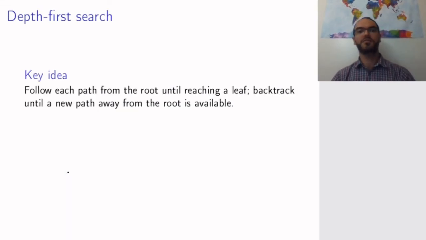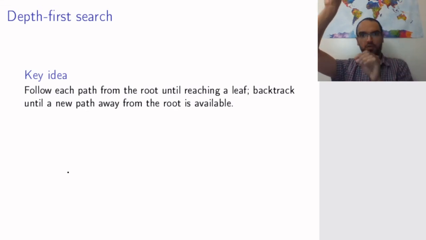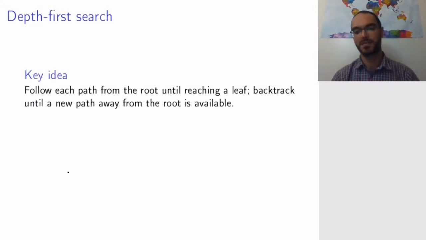The other way of searching a tree is depth-first search. The idea in depth-first is the opposite of breadth-first. So you start from the root, and you go along one path as long as possible. And once you reach the end, you backtrack step by step until a new path opens and you go along that.